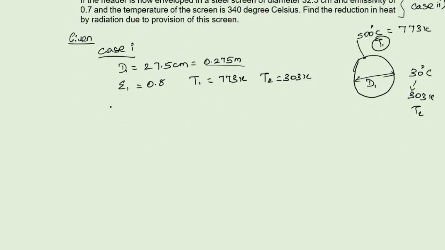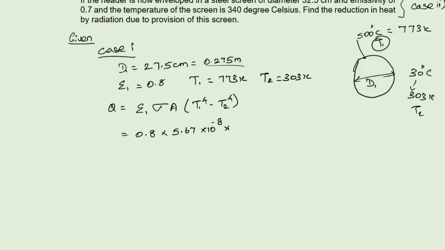So Q is, you know the formula, Q equals epsilon 1 sigma A into T1 power 4 minus T2 power 4. So here epsilon 1 is 0.8 into 5.67 into 10 to the power minus 8 into area.